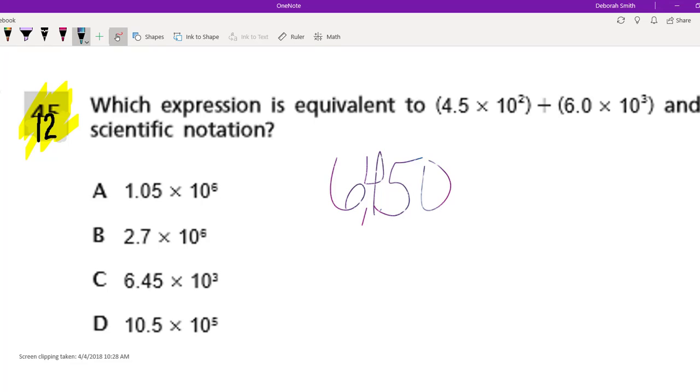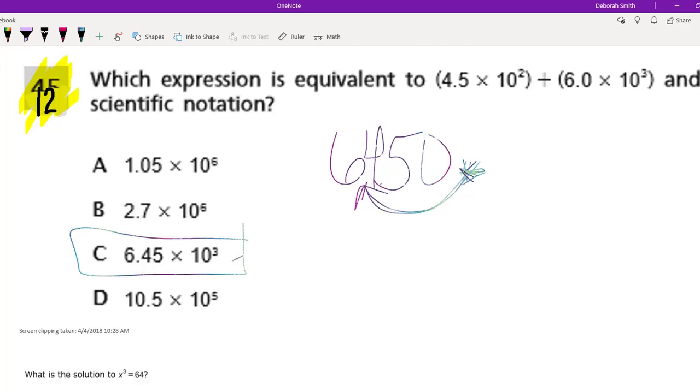But it wants it in scientific notation. Now you could look at it and say this is the only one that has 6 and 4 and 5. That's where the decimal starts. But when I move it to make it a number between 1 and 10, I've moved it 3 times. It's for a big number, and there you go.